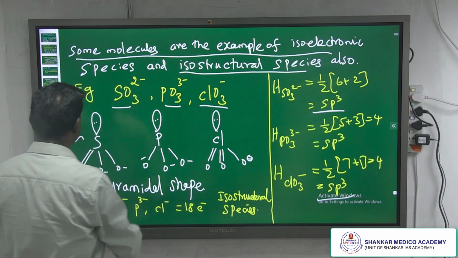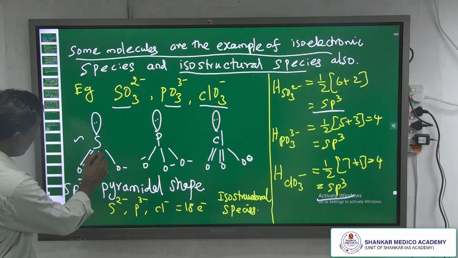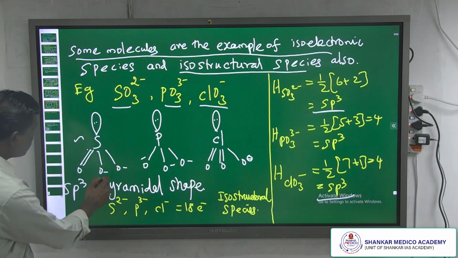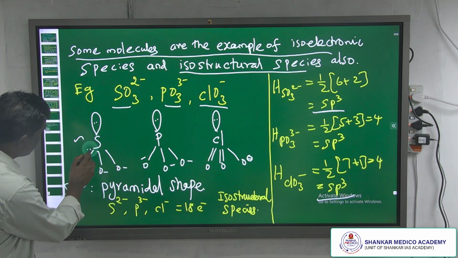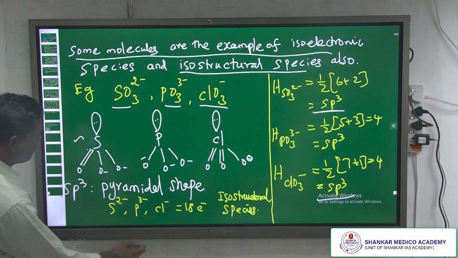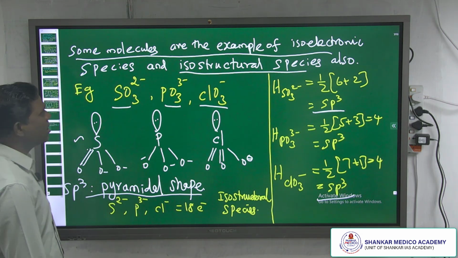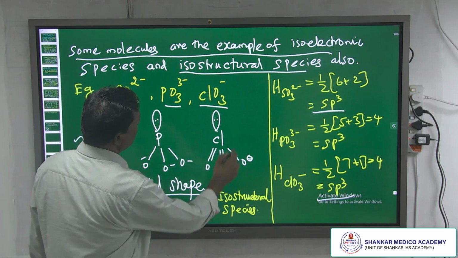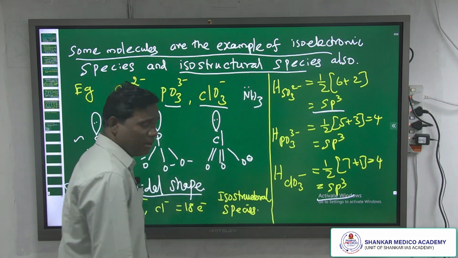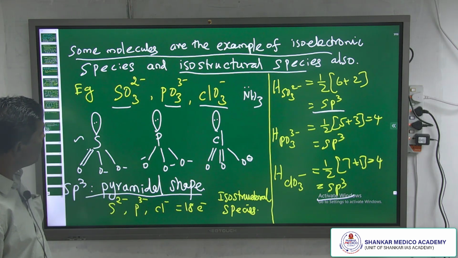You can see here sulfur totally 6 electrons in the outermost shell, 1, 2, 3, 4, 5, 6, and 2 minus. And this is showing that it has a lone pair electron, and this is actually a pyramidal shape like ammonia. You can see one more example also we can put, NH3, this is a well known example of pyramidal structure sp3, and that is PO3 3 minus.